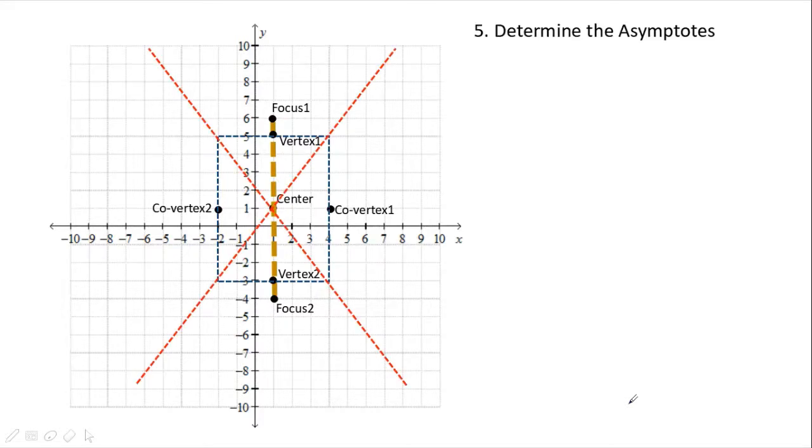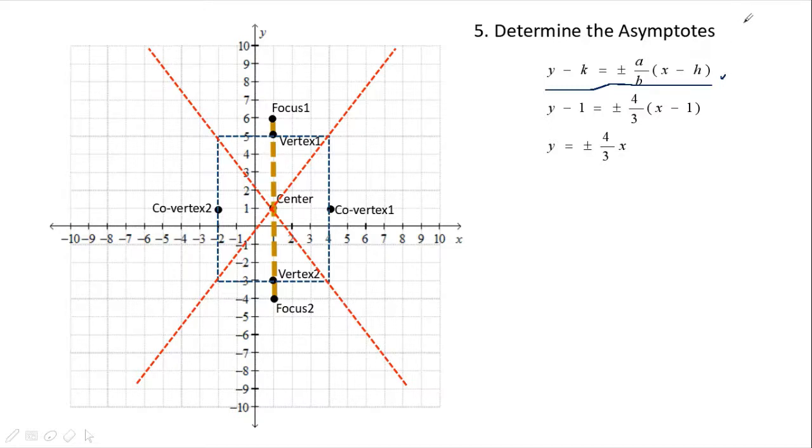Now let's determine the asymptotes. In finding the asymptotes, we will use the formula y minus k equals plus or minus a over b times x minus h, because our transverse axis is vertical. Then we will substitute our center.